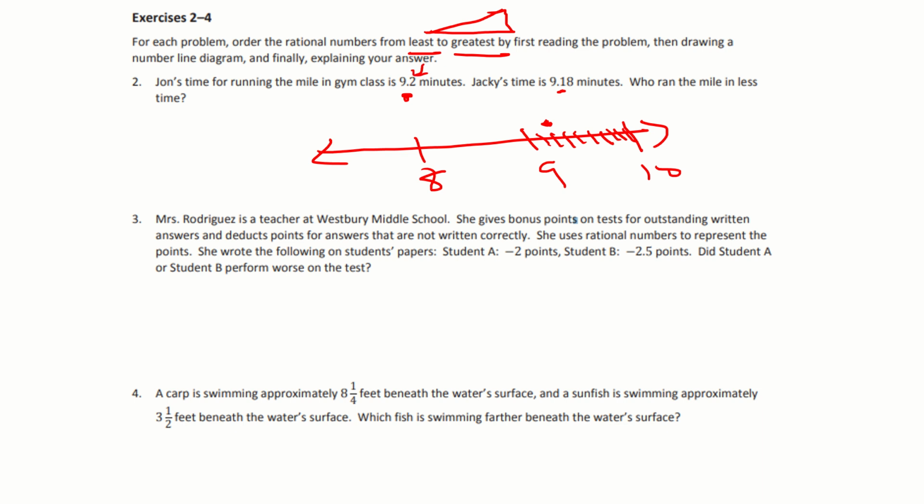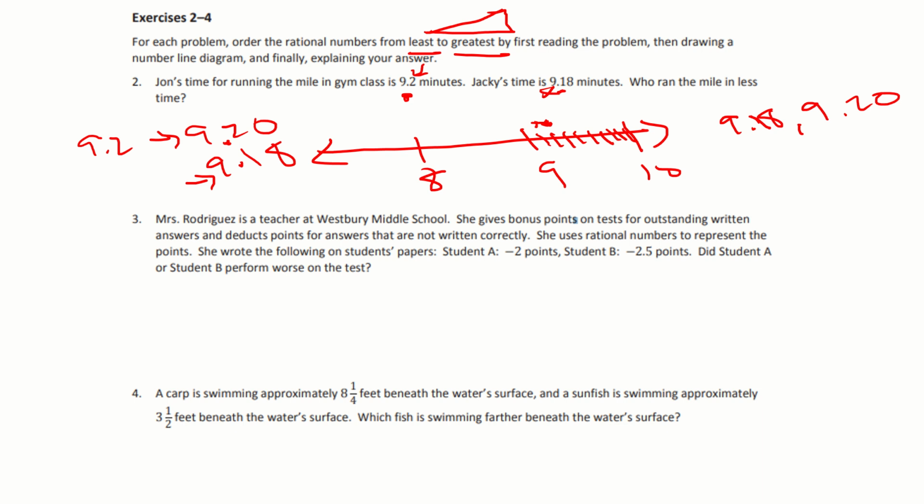So we already know this one's going to be faster by just a hair. And 9.2 can also be written as 9.20 with 2 decimals. Now if we look at 9.20 versus 9.18, this one is the faster one. So if we're going from least to greatest, we would write it as 9.18. That's the smaller amount of the faster time. And then we would write it as 9.20 or 9.2.